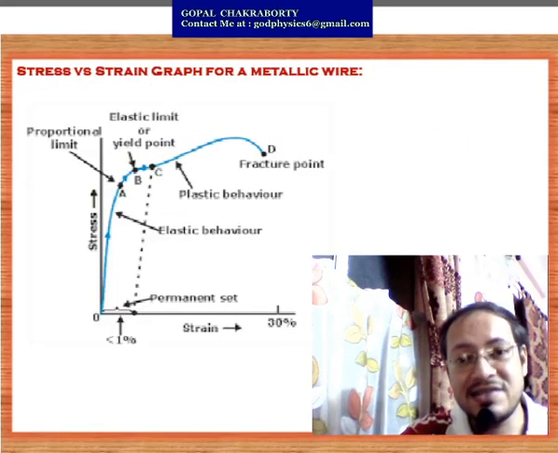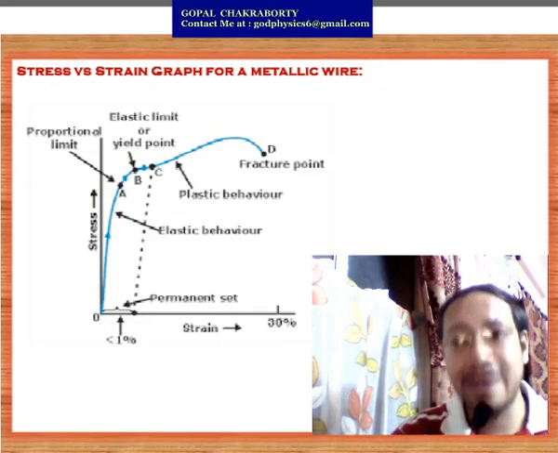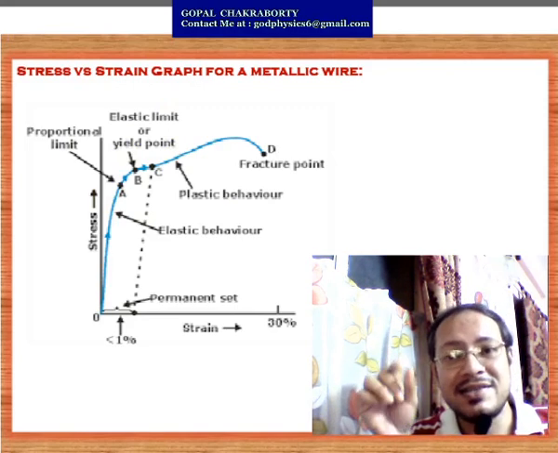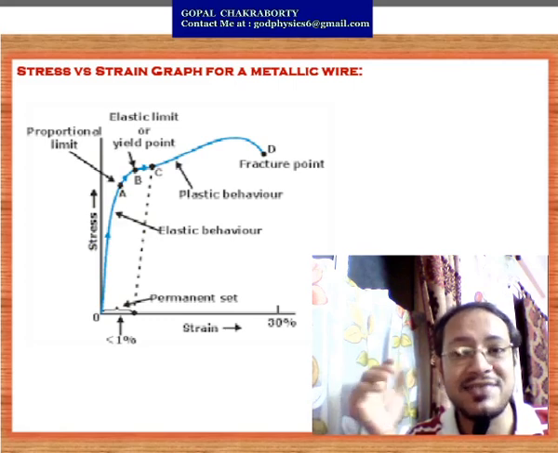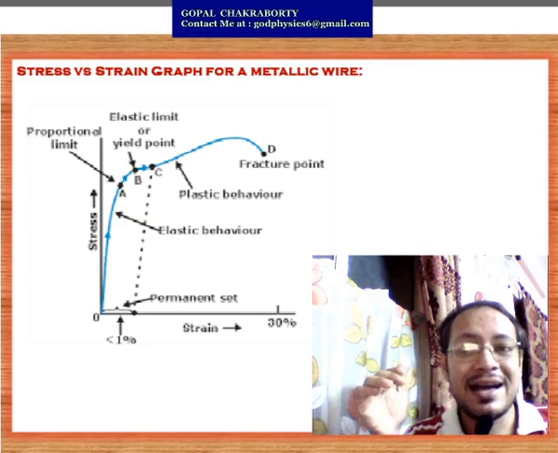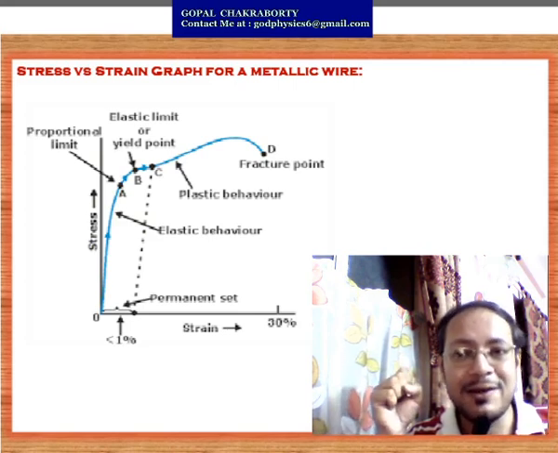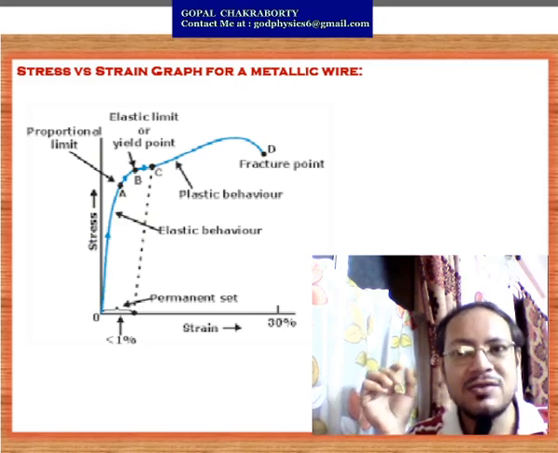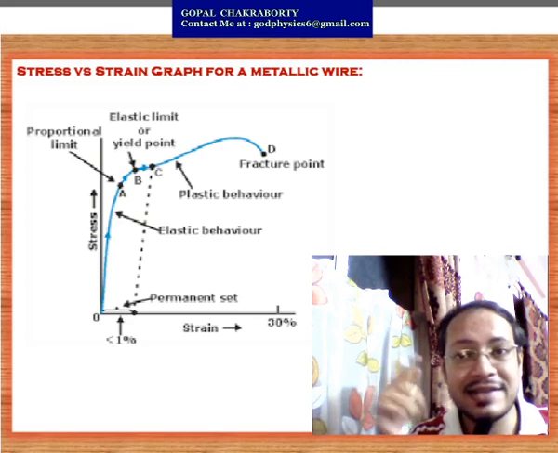Now this is the stress strain graph, and that is very important, because in the graph you see here, stress is along the y-axis and strain is along the x-axis. That means strain is the fundamental one. If you deform the body first, then the restoring force comes into action to regain the original size and shape. So strain is more fundamental than stress.